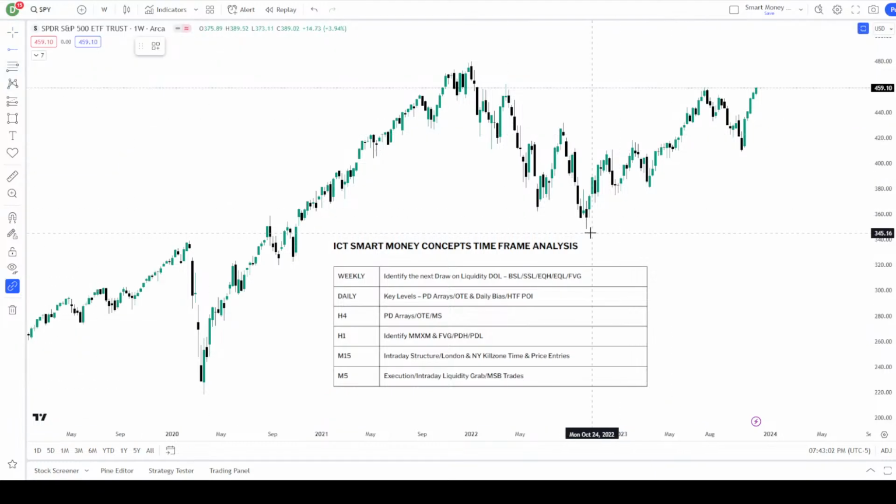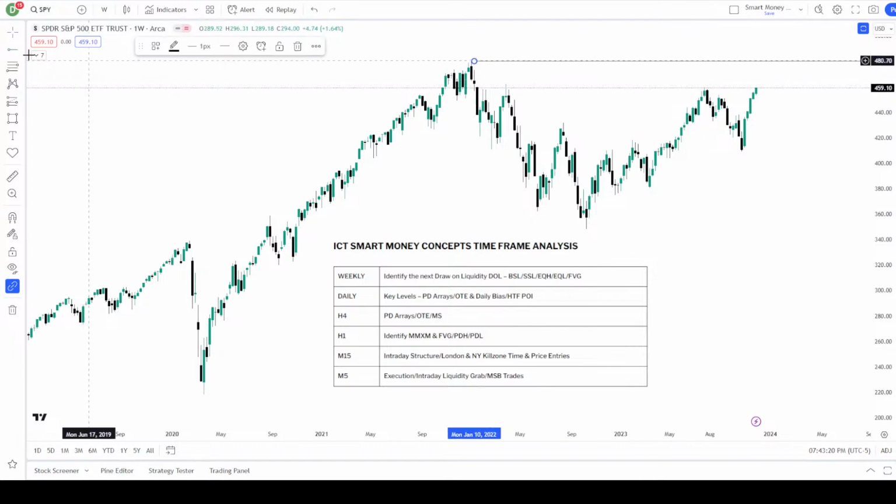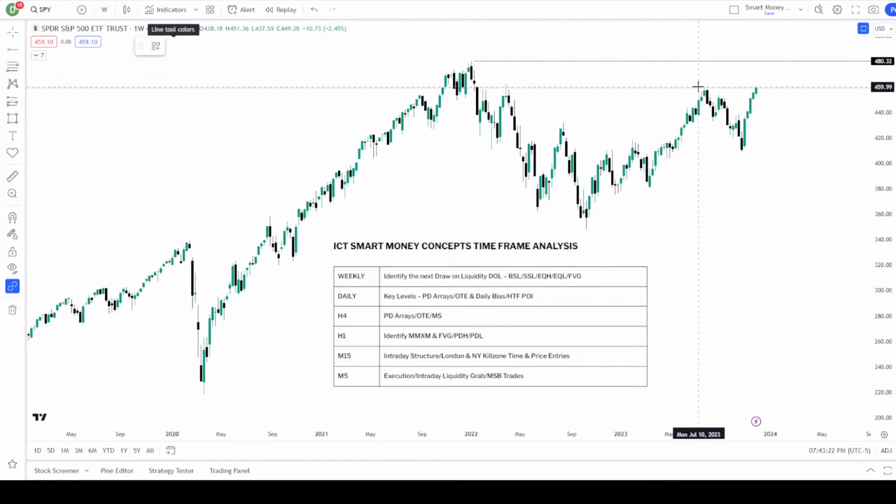We're identifying the next draws on liquidity. Those are buy side, sell side, equal highs, equal lows, and fair value gaps. Okay, so first thing we're going to do, we're going to look at buy side. I think this buy side got taken right here.